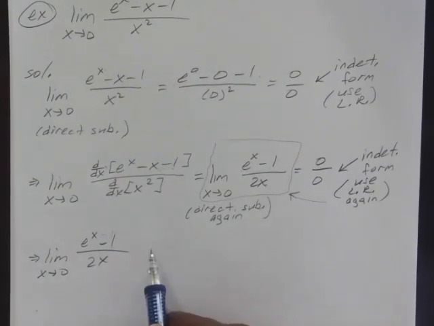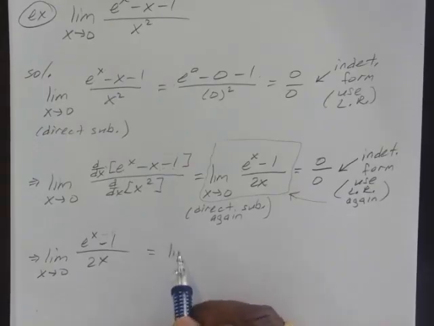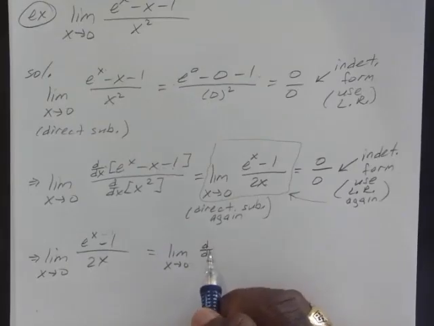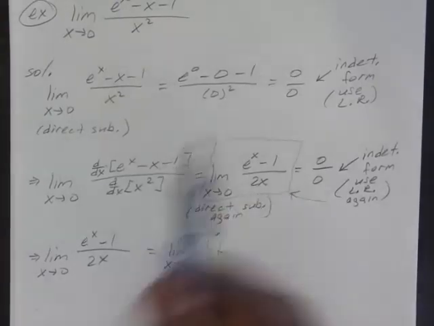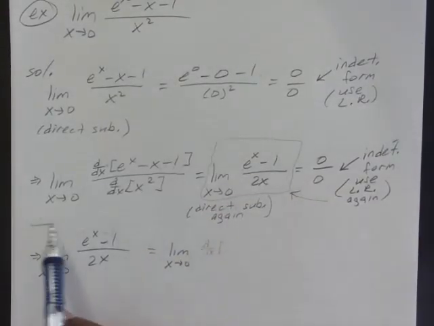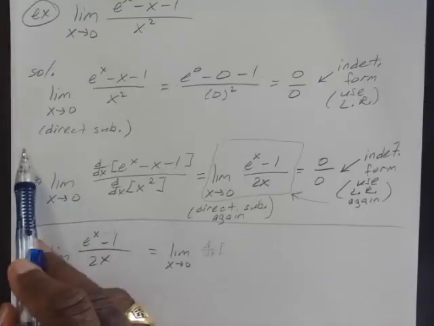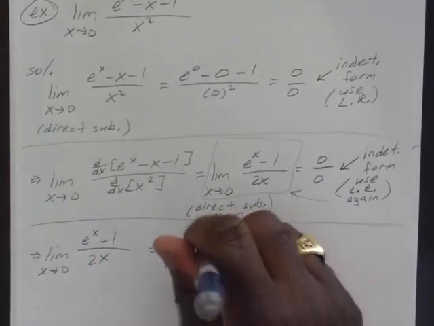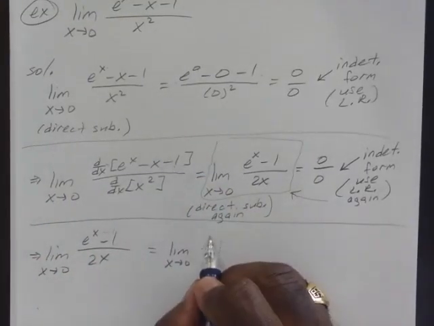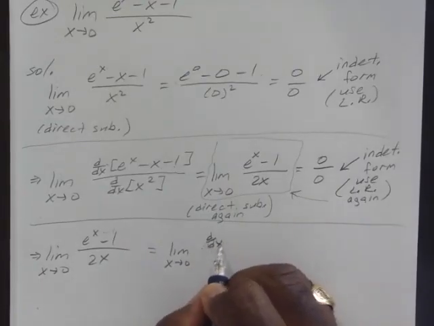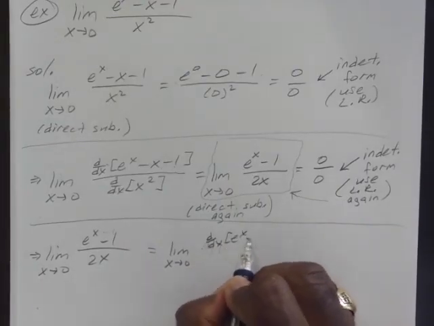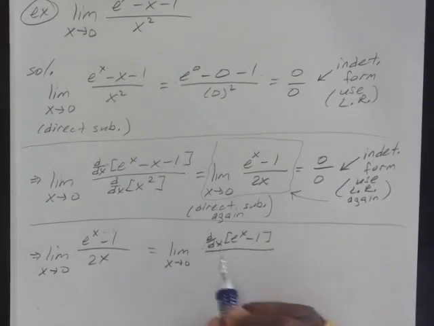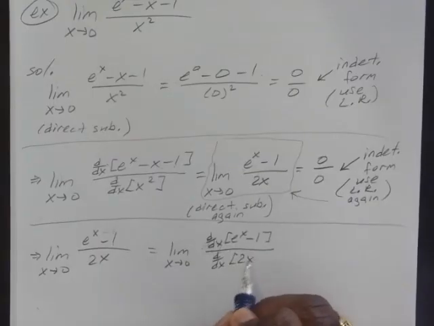So we know that is equal to the limit as x approaches 0 of the derivative of e to the power of x minus 1, divided by the derivative of 2x. I'll just draw a line to make it a little bit easier.